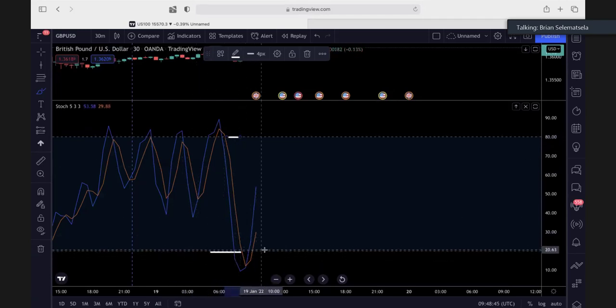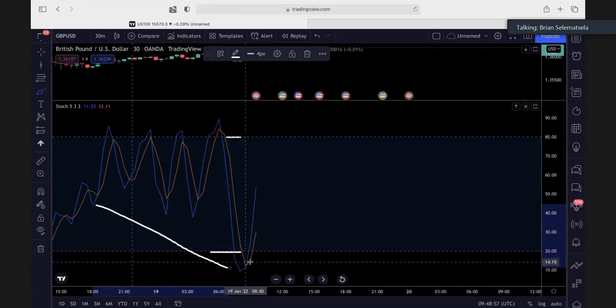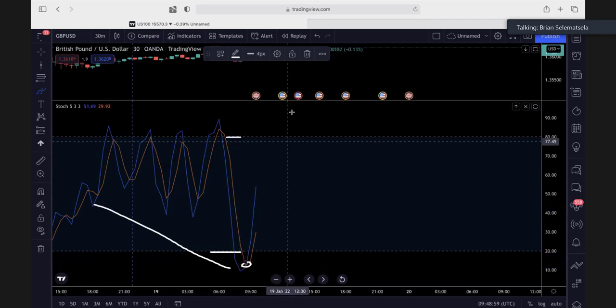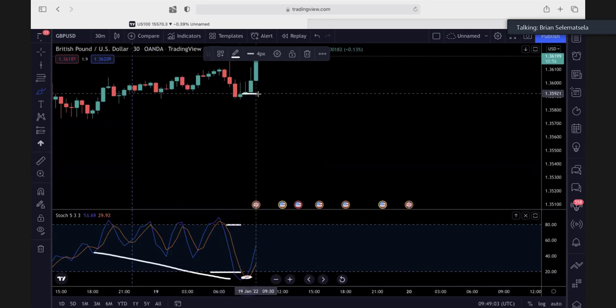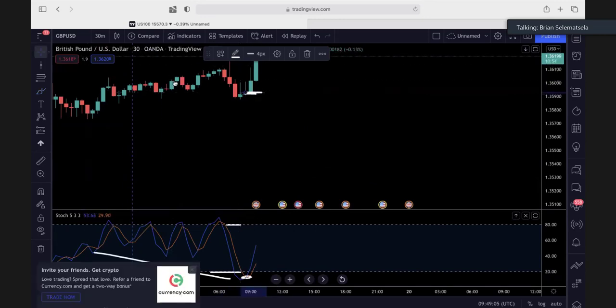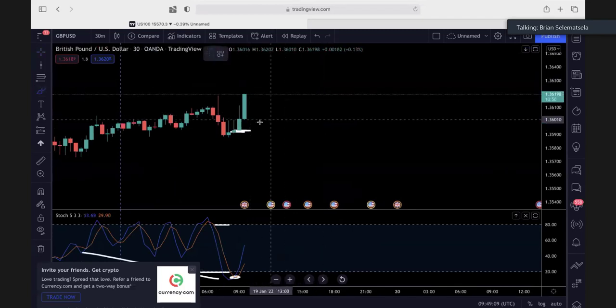Now the final step is waiting for these two lines to cross each other. You wait for the purple line to cross the orange line. Immediately after they cross, that's when you start entering a buy. You see, immediately after they cross from here, the market started moving in our direction.